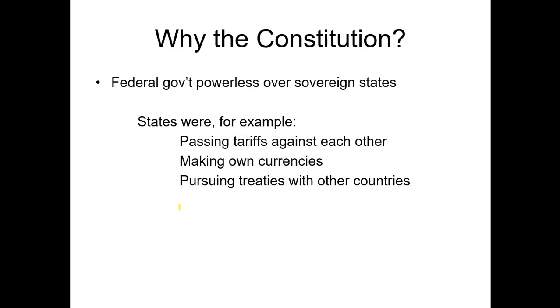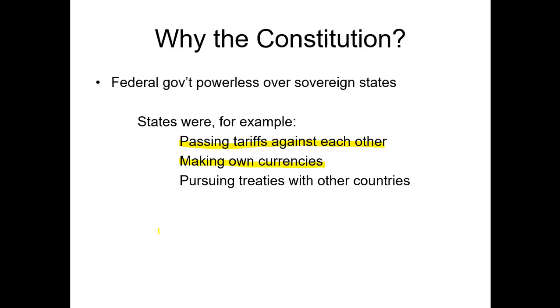We also see that states were kind of developing their own little power structures. We see that some states were passing tariffs against other states. Those are taxes on imports from other states within our own 13 original colonies. Some states were making their own currencies, and that creates a lot of disparity and competition between states.